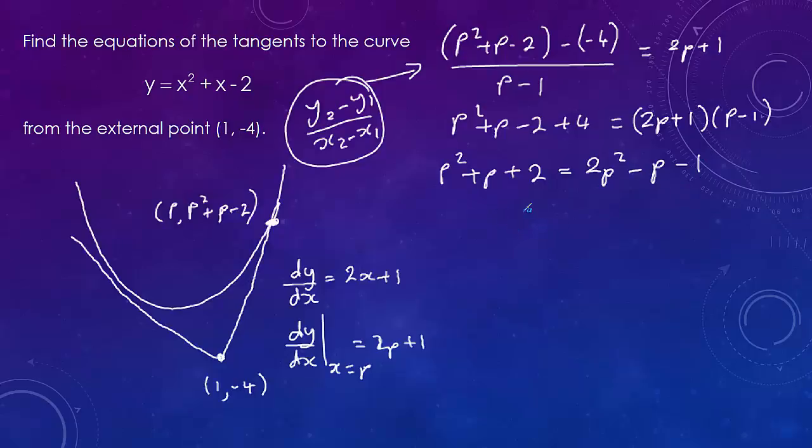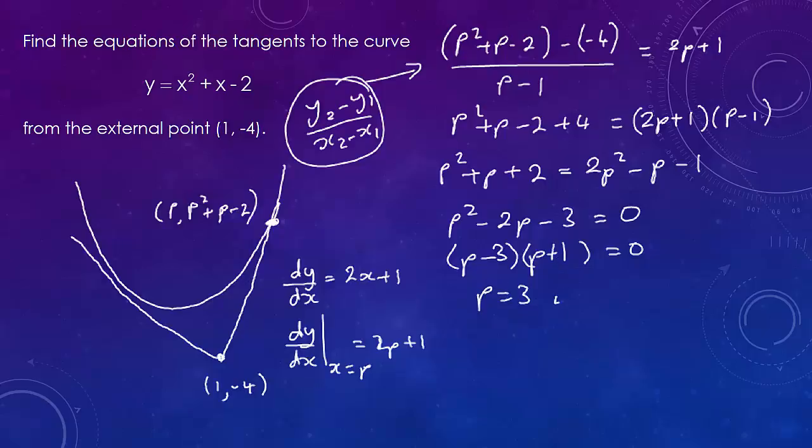So bring everything over to the right, and then we have p squared, because this p squared will become minus, minus 2p minus 3 is equal to 0. So that seems to factorize. p and p, 3 and 1, minus and plus. So we get p equals 3, or p equals negative 1.